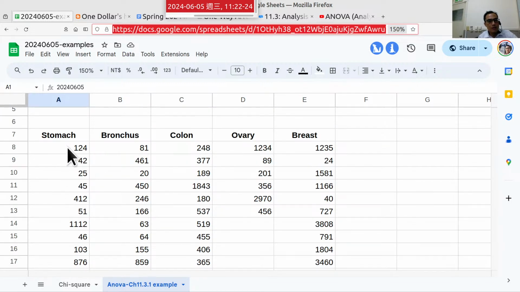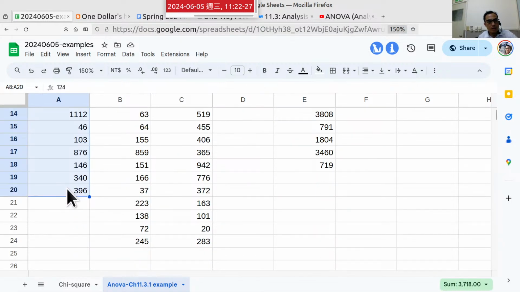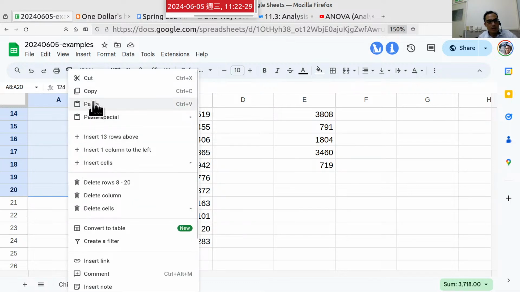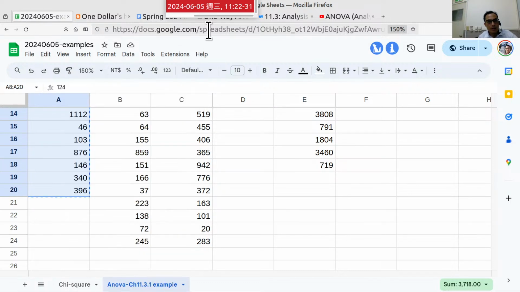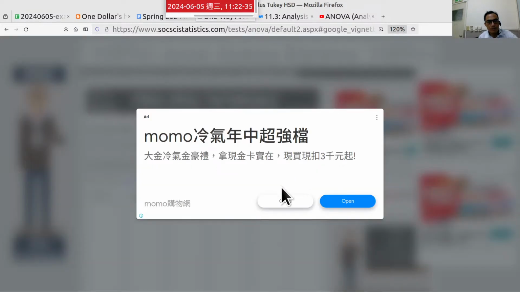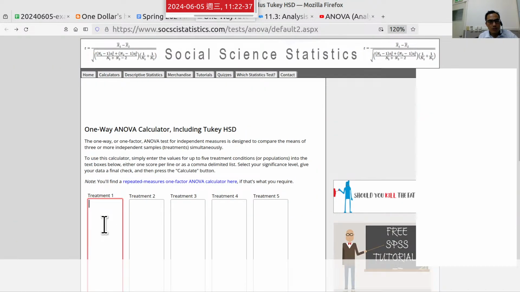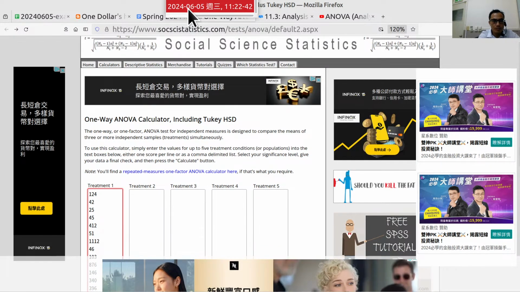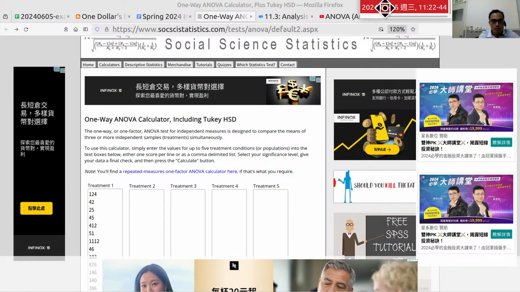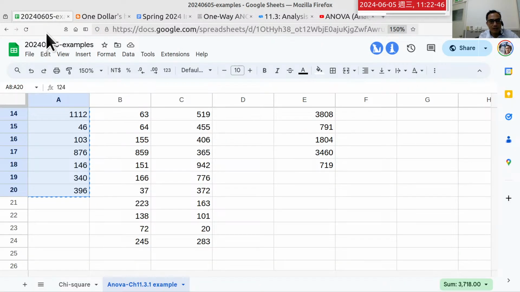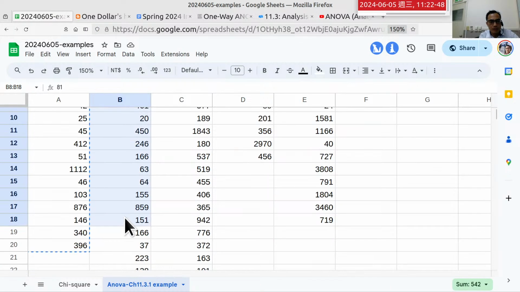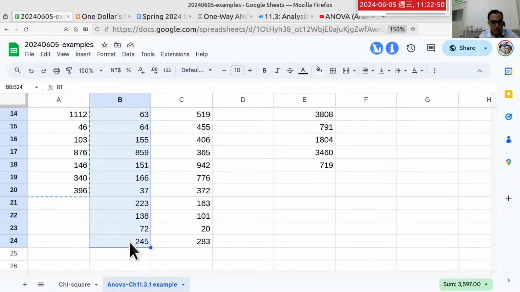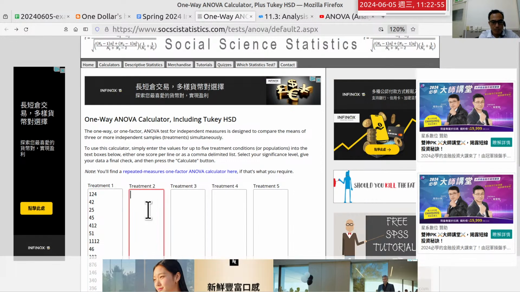First column, there's stomach. I select, copy, and go to the column 1. Treatment 1, Control V, paste. And move back to the second column, copy and paste.